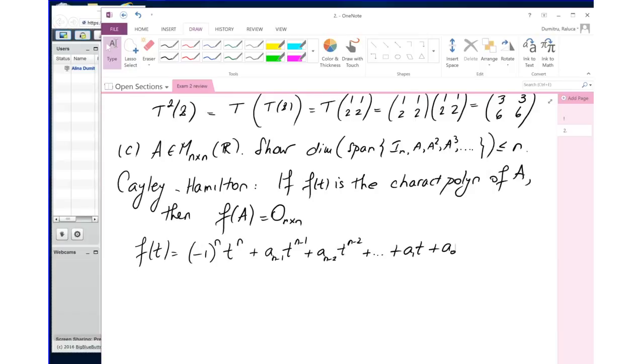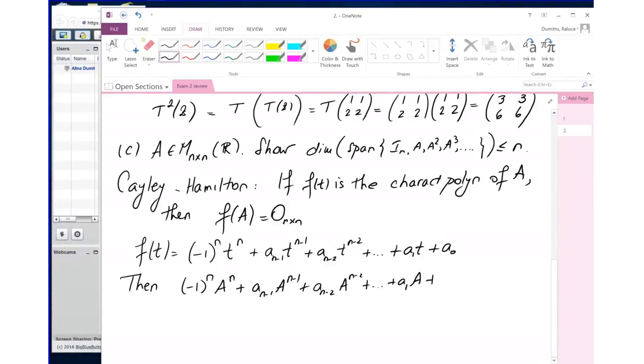So if this is the characteristic polynomial, then Cayley-Hamilton says that when you replace t by A, which gives you this, you get 0. No matrix.